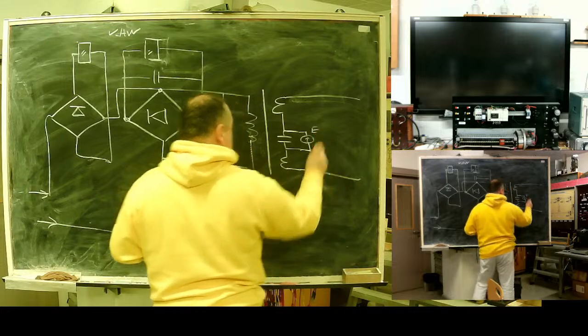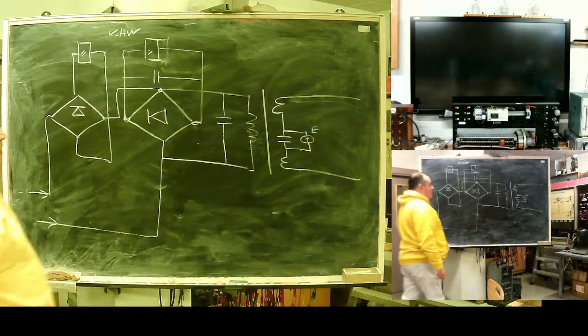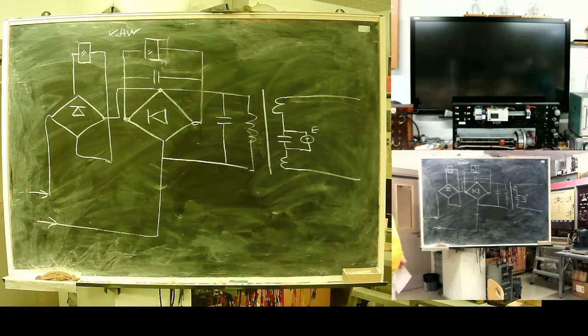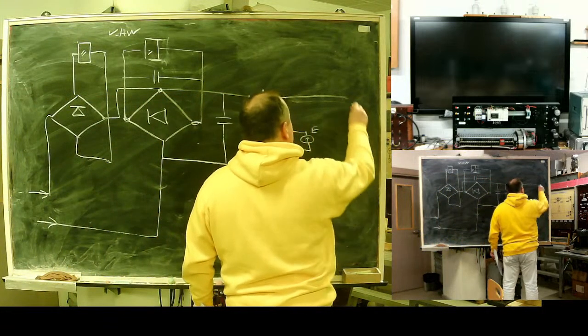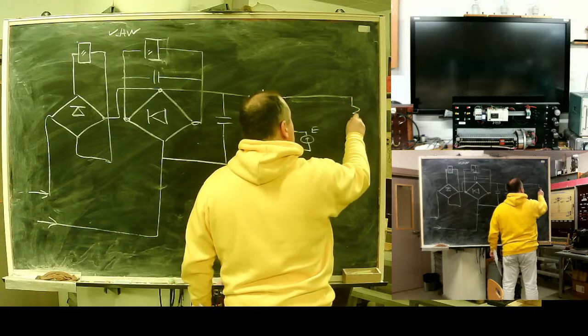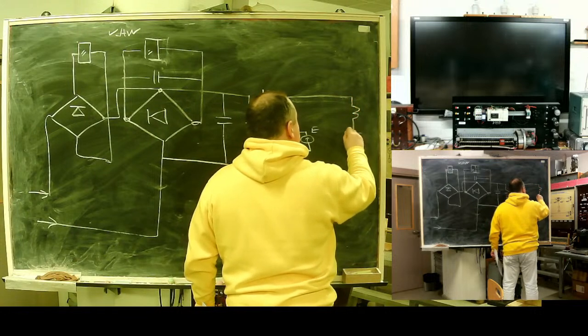I will show it as E. It's the line control system's power source. The opposite side is the same, excluding one thing.